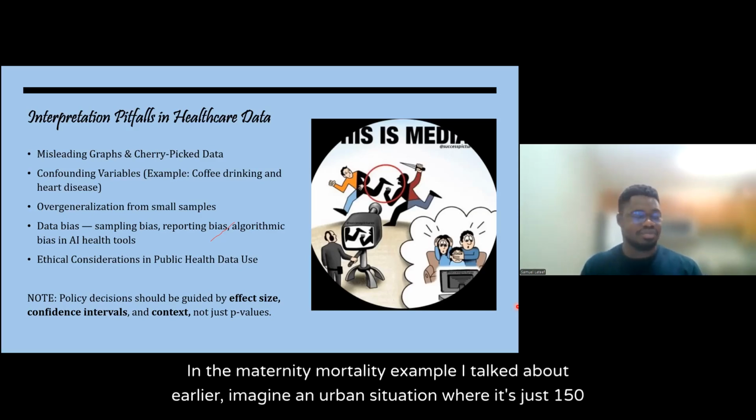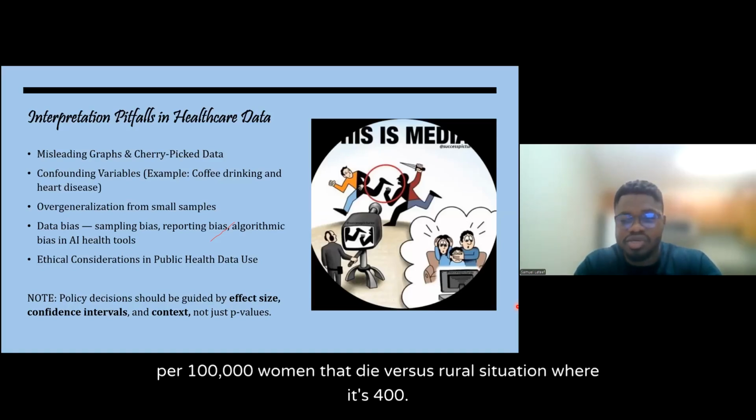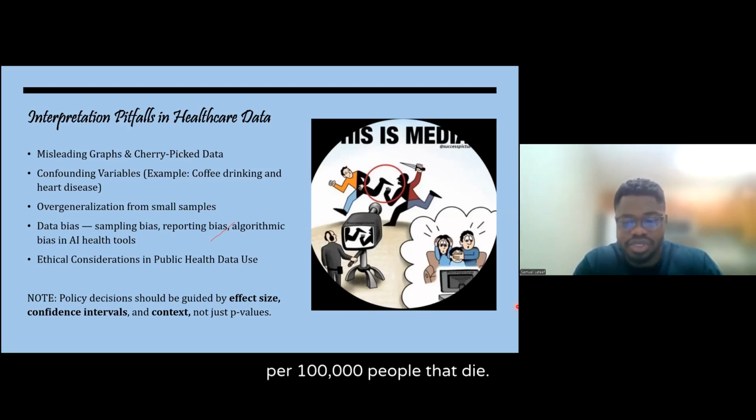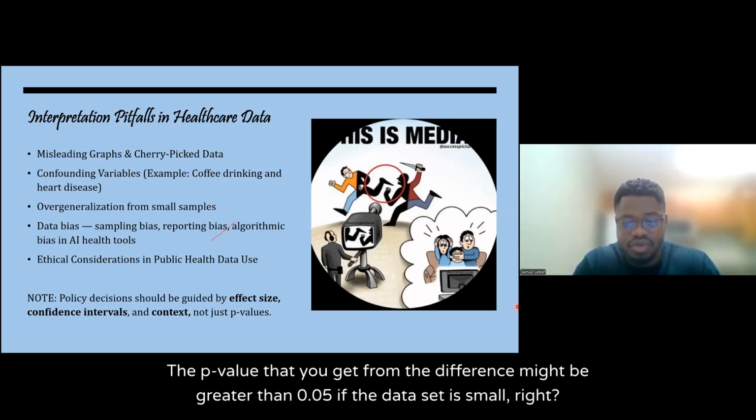In the maternal mortality example I talked about earlier, imagine an urban situation where 150 per 100,000 women die versus a rural situation where 400 per 100,000 die. The p-value you get from the difference might be greater than 0.05 if the data set is small, right?